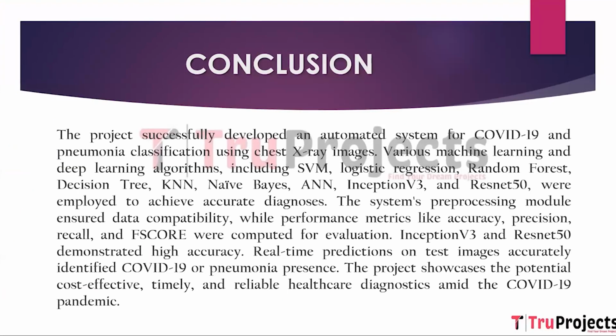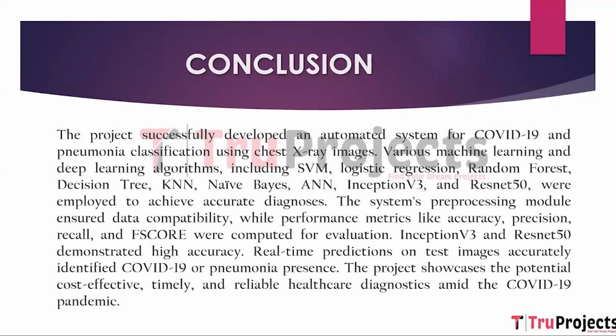Conclusion. Using chest X-ray pictures, the project successfully created an automated method for COVID-19 and pneumonia classification. To accomplish accurate diagnosis, various machine learning and deep learning techniques such as SVM, logistic regression, random forest, decision tree, KNN, naive Bayes, ANN, Inception v3 and ResNet 50 are used.